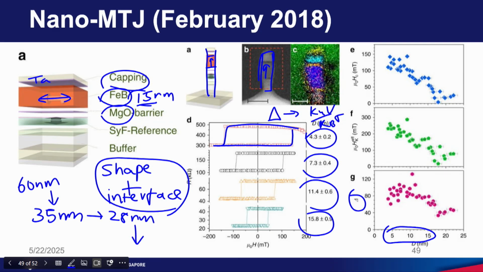When you see delta is around 80, it means KUV by KBT is around 80, which means data can be stored for more than 10 years. So the next step to go below 28 nanometer, for example even 4 nanometer, MRAM can be achieved using this nano MTJ design.